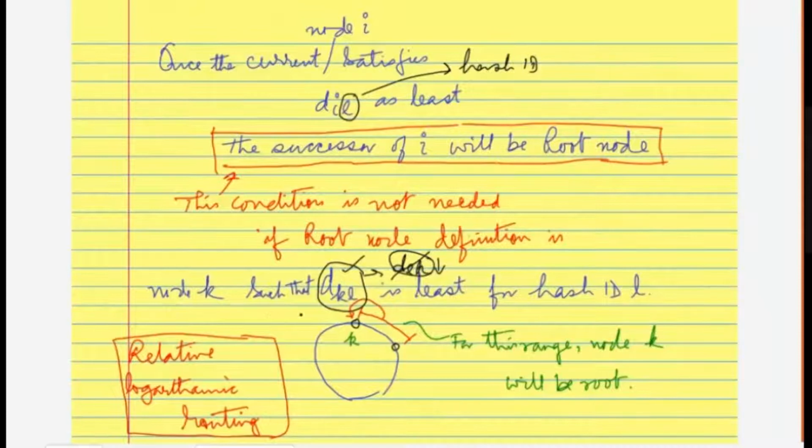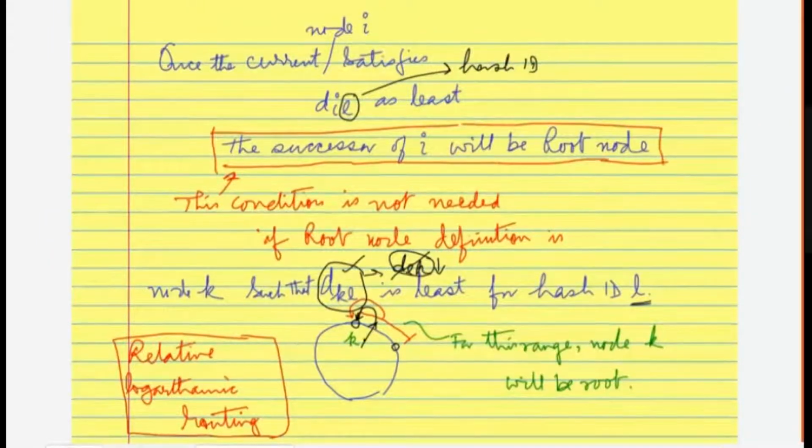So node k is chosen such that D(K, L) is the least for the hash ID L. That k will be the root node. In this case, if this is the range of hash IDs, the root node will be the previous guy, the predecessor of this hash value. Now this is a relative logarithmic routing.